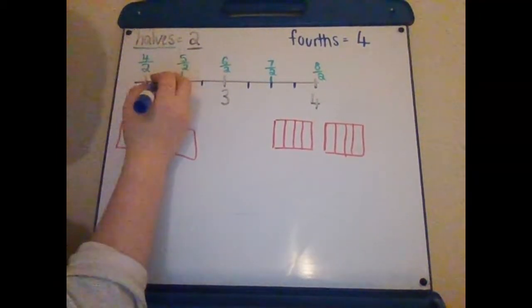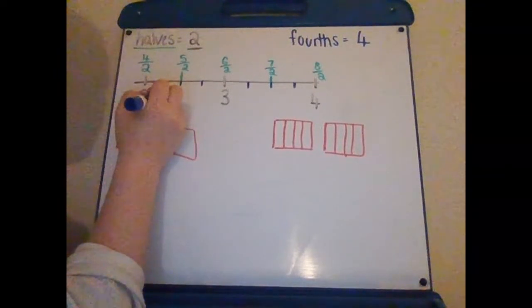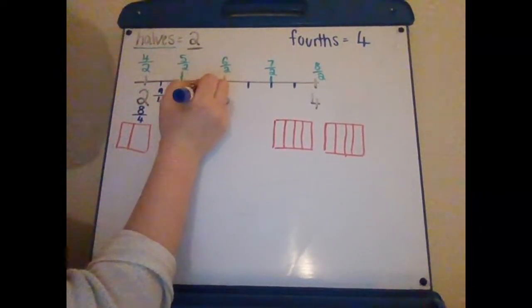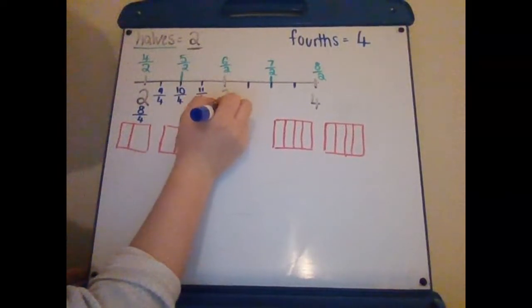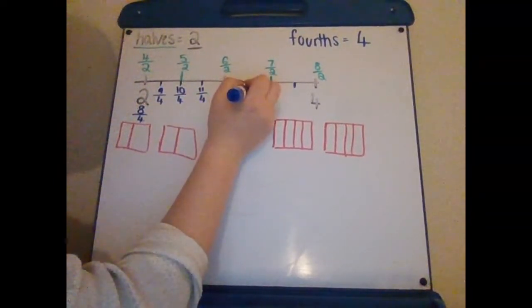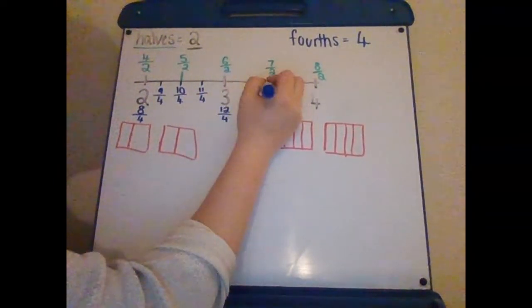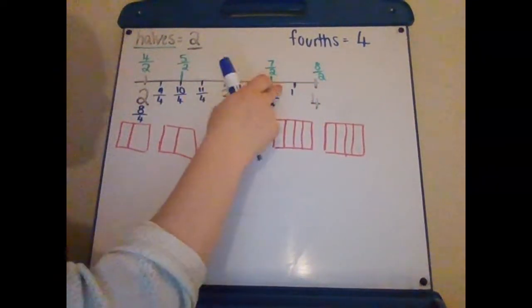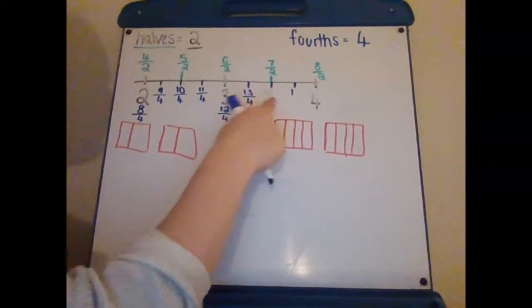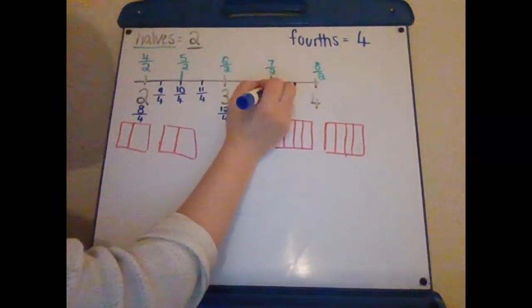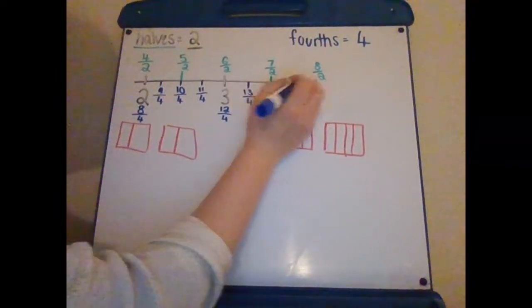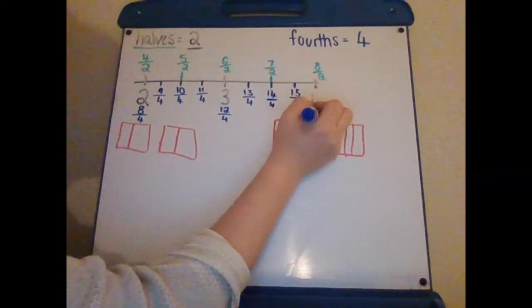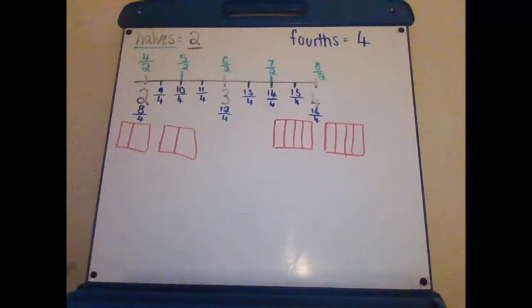And again, you count up: 9 fourths, 10 fourths, 11 fourths, 12 fourths, 13 fourths, oh sorry, I forgot about 14 fourths. That's not 13 fourths, 14 fourths, 15 fourths, and 16 fourths is equivalent to 4 as a whole.